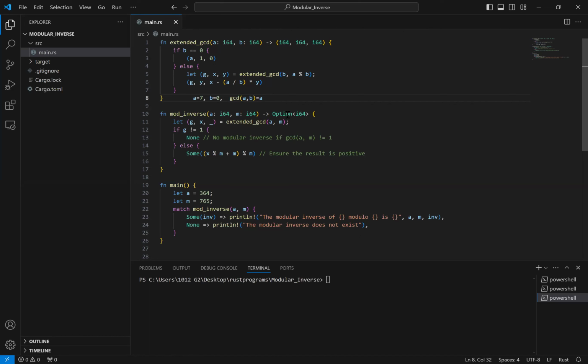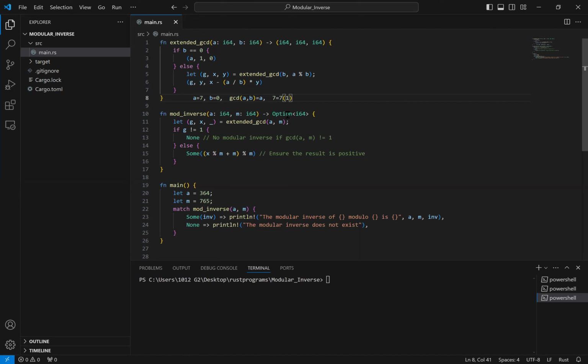And if that is the case, it's also saying that the coefficient of A will be 1, so that we can write 7 is equal to, our A is 7, its coefficient is 1.